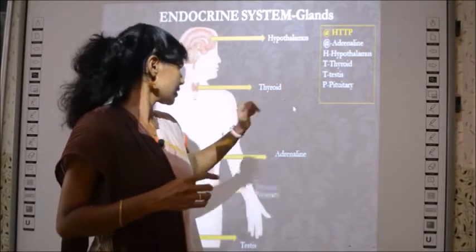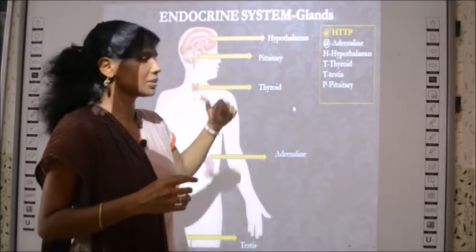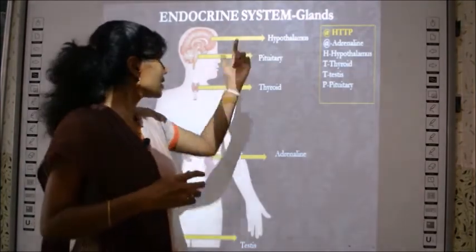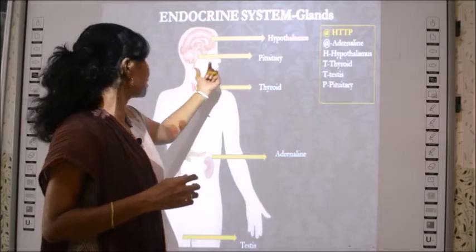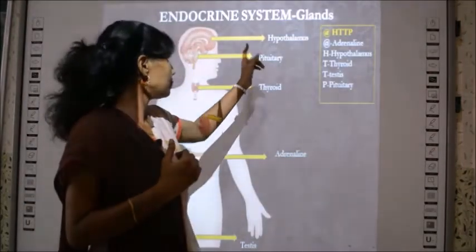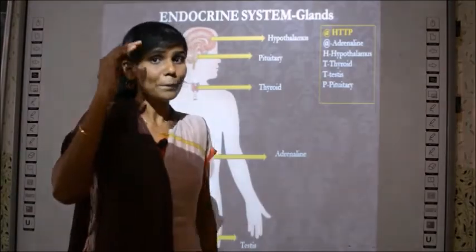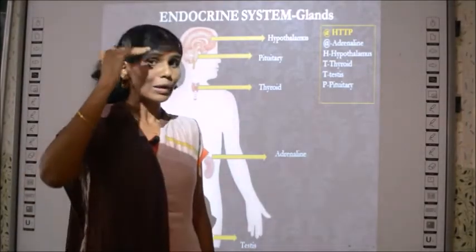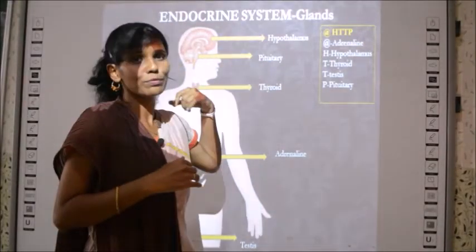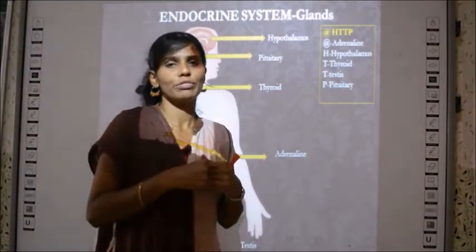Then pituitary. Pituitary is also located in the brain, but you can see the difference: pituitary is in the lower regions of the brain. See, hypothalamus you can find in the upper region, below the surface of the brain, whereas pituitary is found in the lower region of the brain.